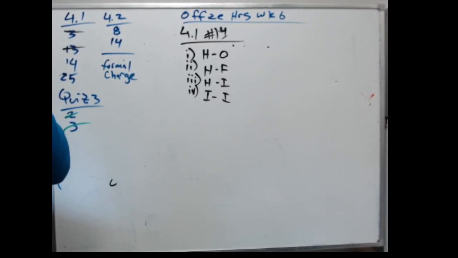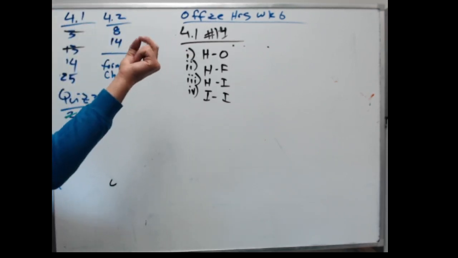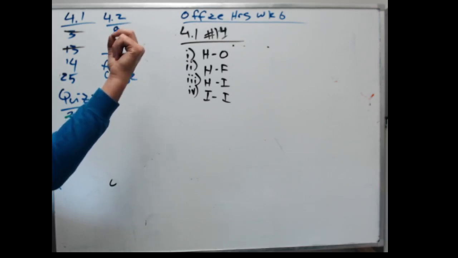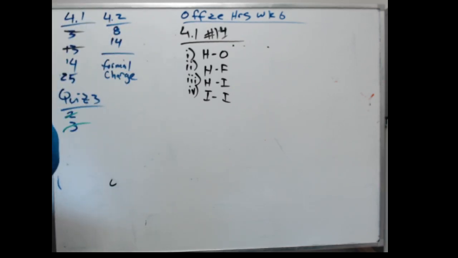So you're saying it's the one with the biggest electronegativity? Big difference in electronegativity, small bond length. Does it have more to do with radius or electronegativity?